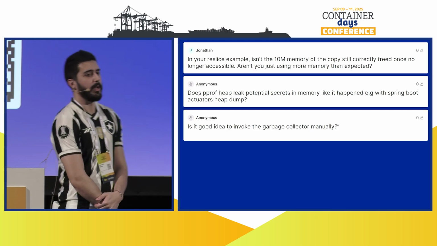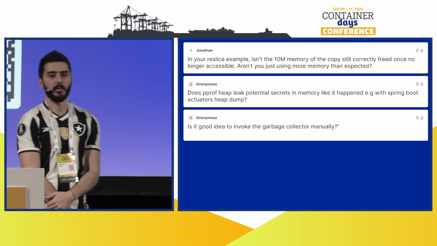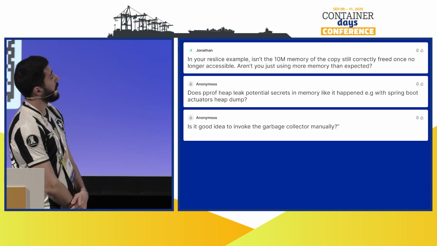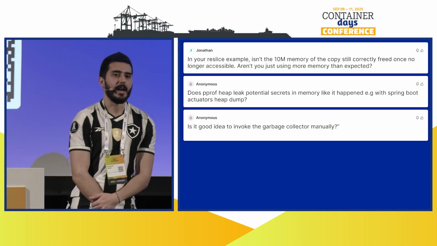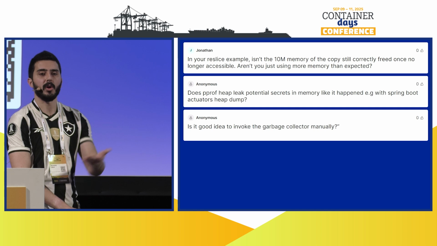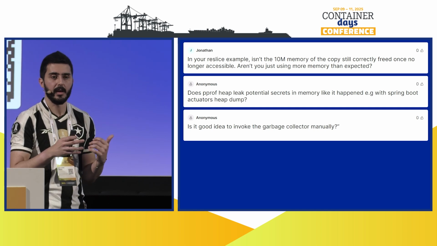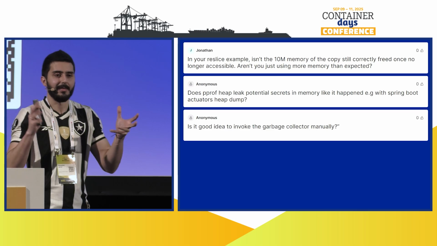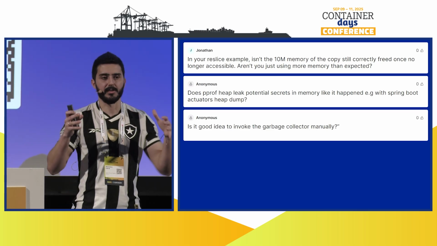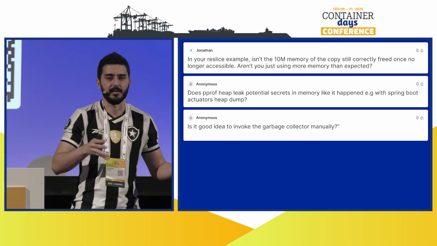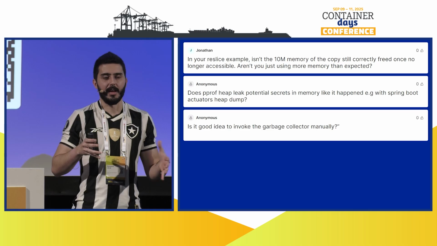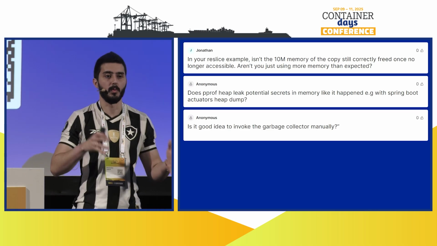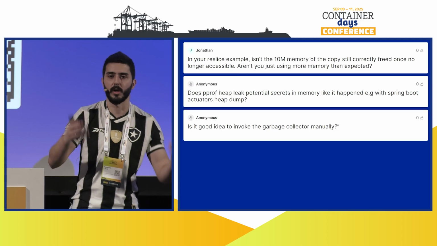You mean like the first one, when I didn't clone, maybe? Yeah, I think so. Okay, so in that case, actually, if we keep our code using that reslice, it won't be freed. But if you don't use it anymore, it would be. The idea of that example is that we keep using the bytes clone or the reslice result, so we're still using what we referenced.